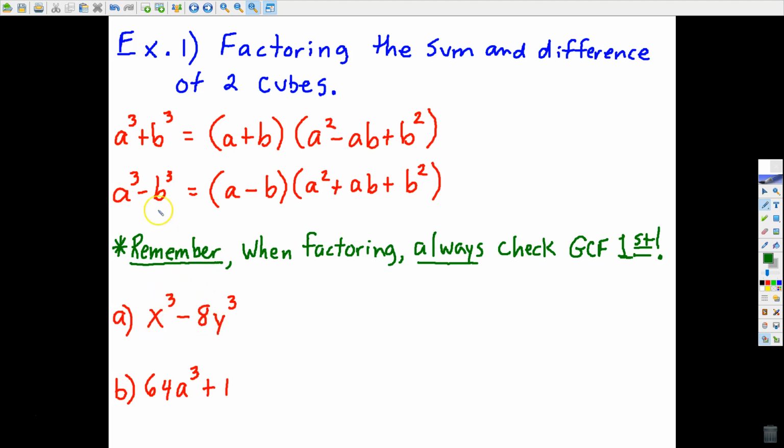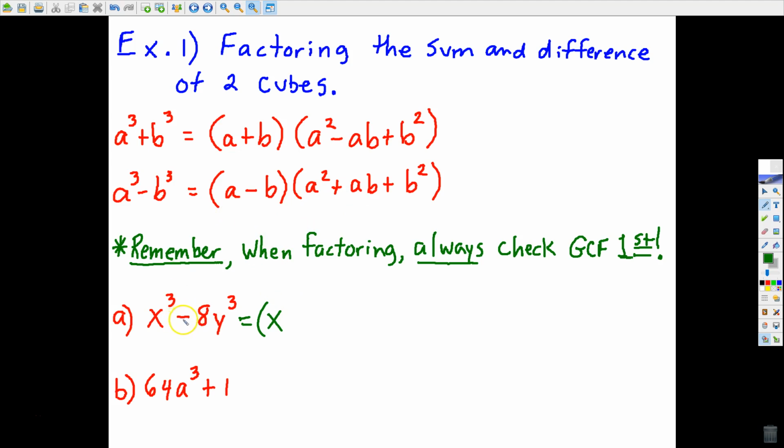And so now I'm going to follow this pattern that tells me how to take two perfect cube terms, they have perfect cube roots, and factor it in this way. Alright, so here we go. The cube root of x to the third is x. That will correspond to my letter A in this pattern that we're following.